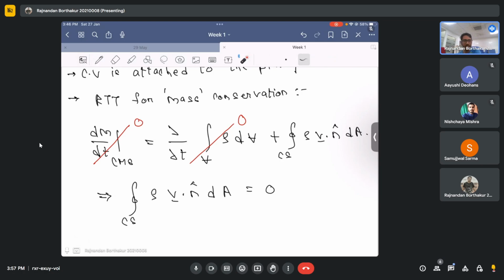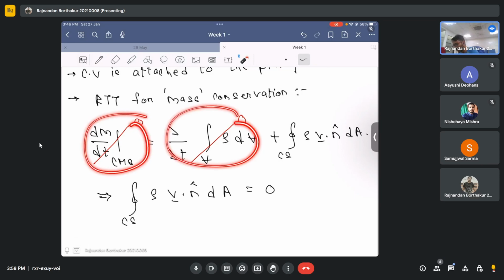So we just end up with the efflux term. That's the second implication of applying mass conservation in this control volume. I hope this is clear to everyone why these two terms became 0.